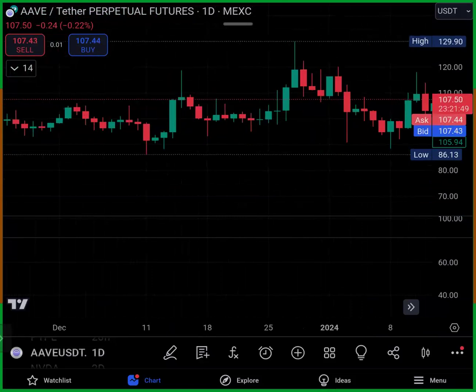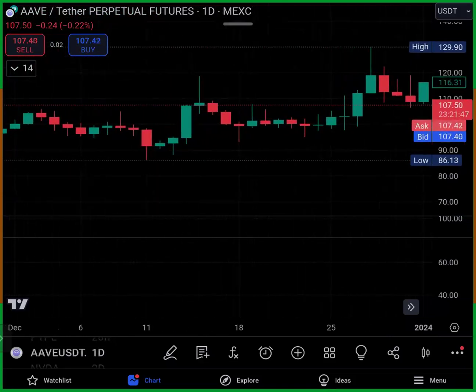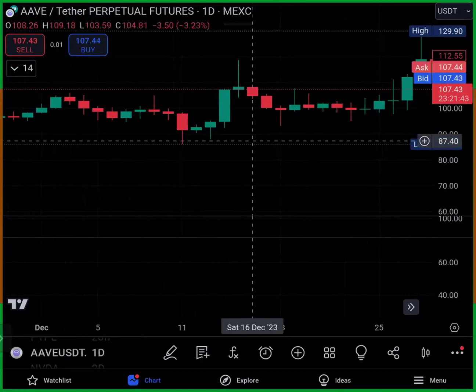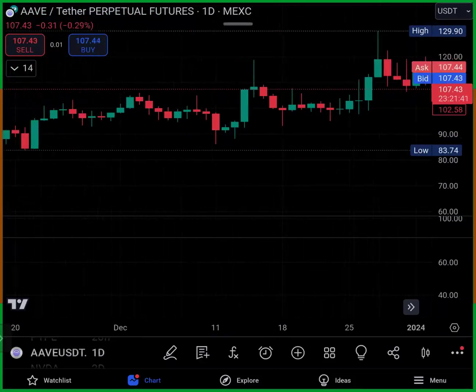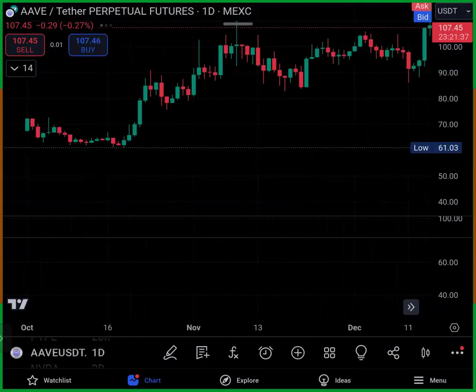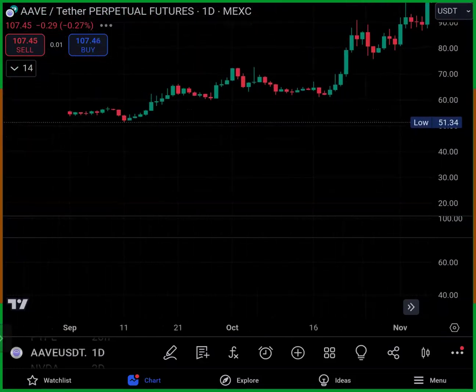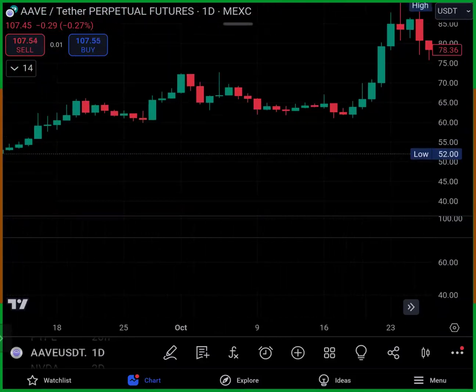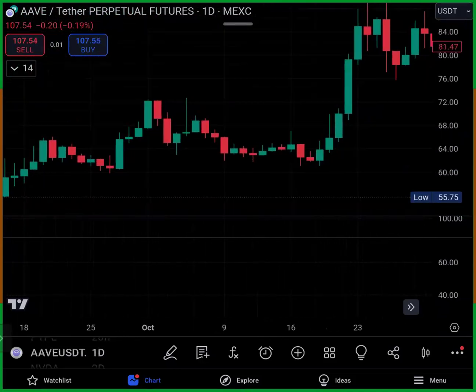Let's see. This would have been kind of like a good one, but it's not perfect. So sometimes when you're trading, it's not always going to be perfect, these patterns. But here we go. We have a gravestone doji right here.